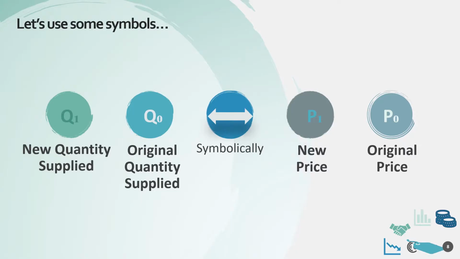To make things easier for us, we're now going to use symbols to denote the new quantity supplied, original quantity supplied, new price and original price. So we'll symbolize it like this. We'll call new quantity supplied as Q1, original quantity supplied as Q0, the new price as P1 and the original price as P0.